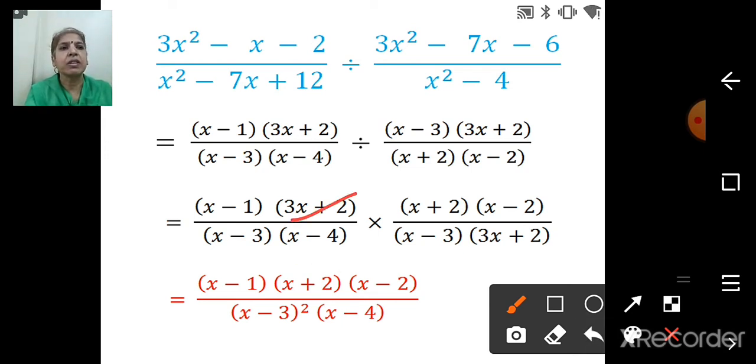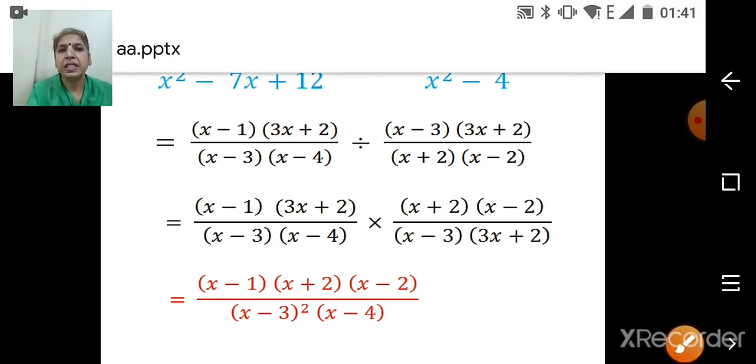These factors we have already divided, so we will not write them. So the remaining factors are x minus 1 multiplied by x plus 2 multiplied by x minus 2 upon x minus 3 the whole square multiplied by x minus 4. So this is the simplified form, this is the answer.